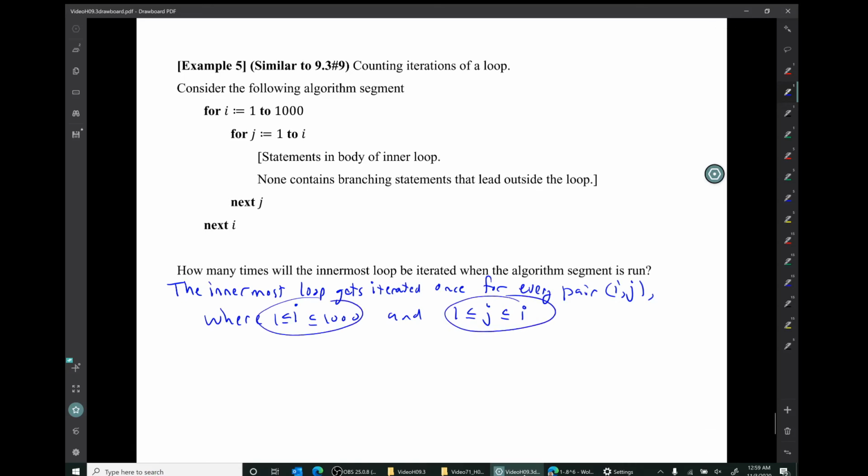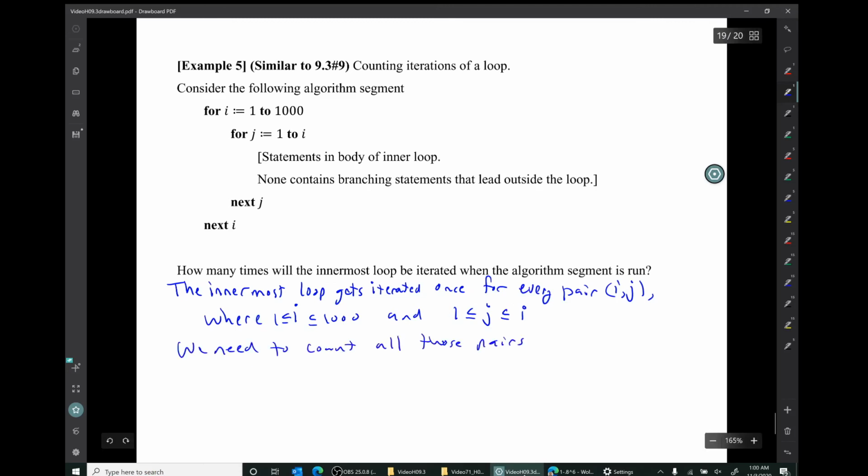Well, that collection of all those pairs is the collection that we need to count. We need to count all those pairs. Now, we could express the set of all such pairs as a union. We'll do that on the next page.